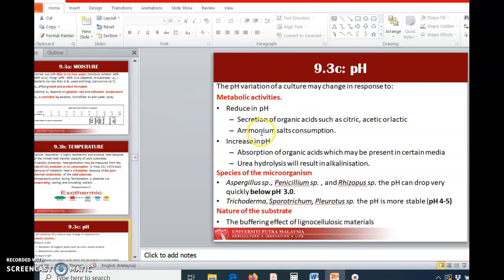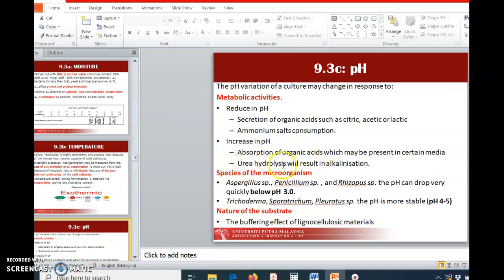The second one is ammonium salt consumption. Ammonium is alkali. If the microorganism consumes ammonium salt as part of their nitrogen source, it will reduce the pH. Increase in pH is caused by absorption of organic acid by certain microorganisms.